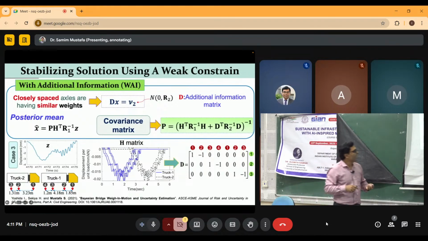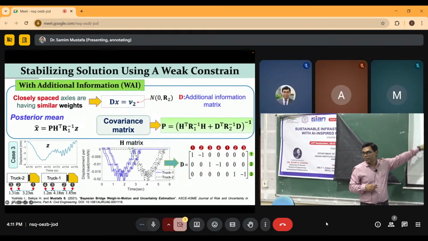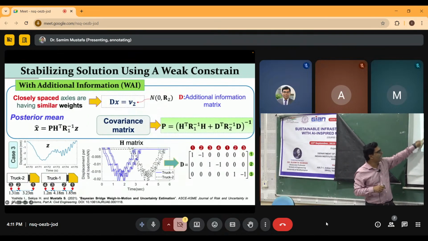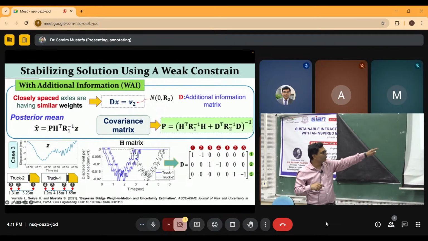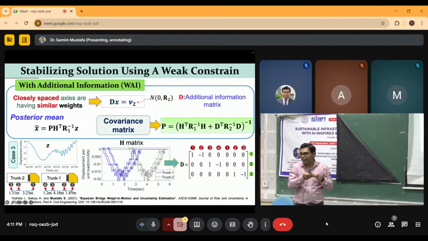So whenever there is a closely spaced axle, we assume that whatever weight comes is equally shared by this and this, similarly by this and this. Take for example this inline driving condition.